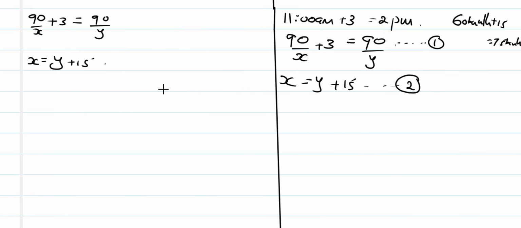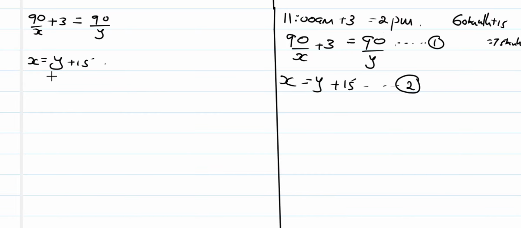Now that we have the two equations and we learned the substitution method, can we use it to solve these two simultaneous equations? I can say in equation 1, in any place we have x, I'll substitute it with y plus 15.